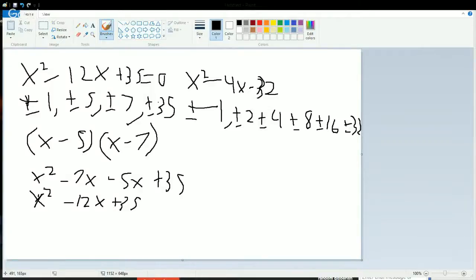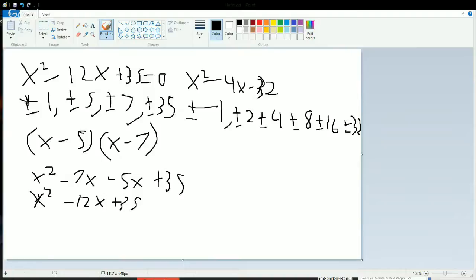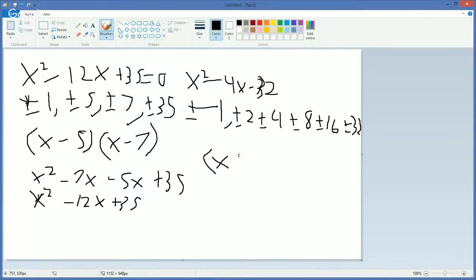That's going to get us 32 minus 32 equals 0. So the first one that actually worked properly is negative 4. So that's going to give us x plus 4.